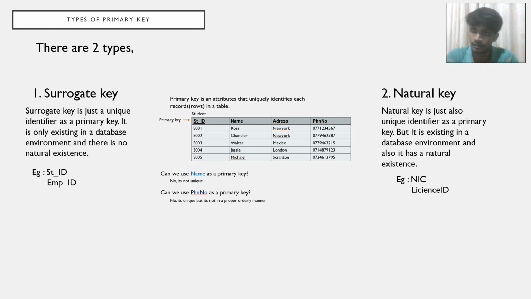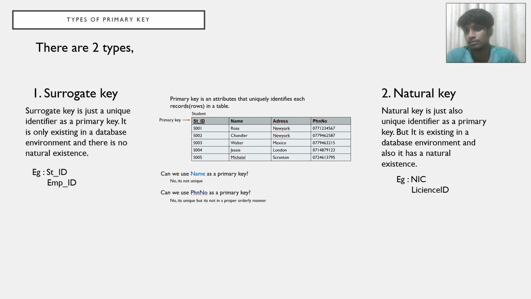Those actually exist in the real world, but when it comes to database management systems, it is not a proper way to initialize the primary key. So maybe, let's say when we are considering the whole country as a database, it is way more complex.